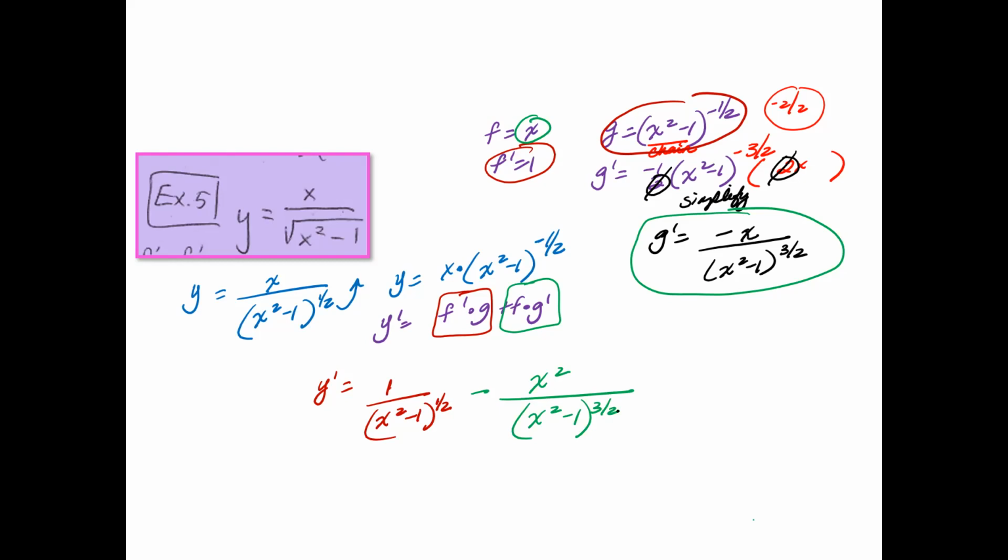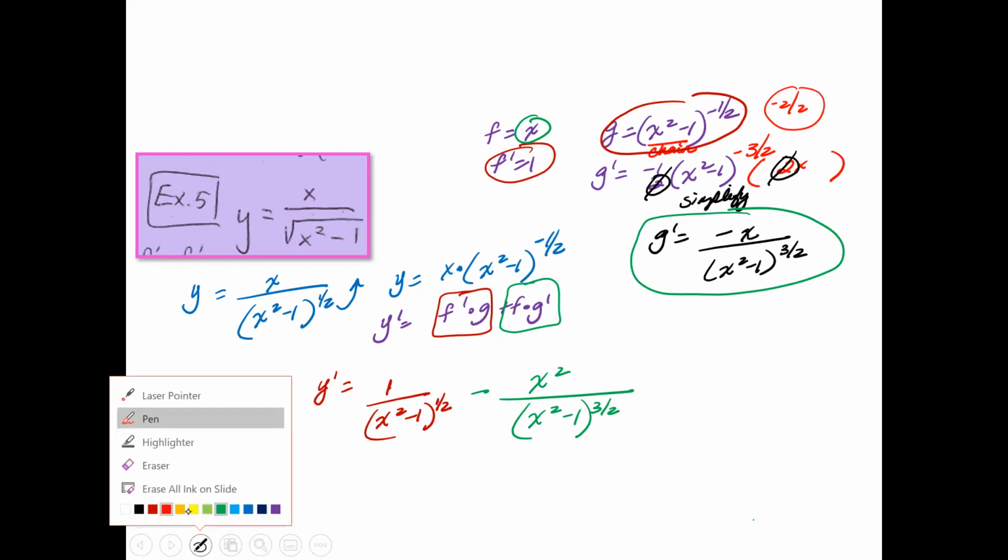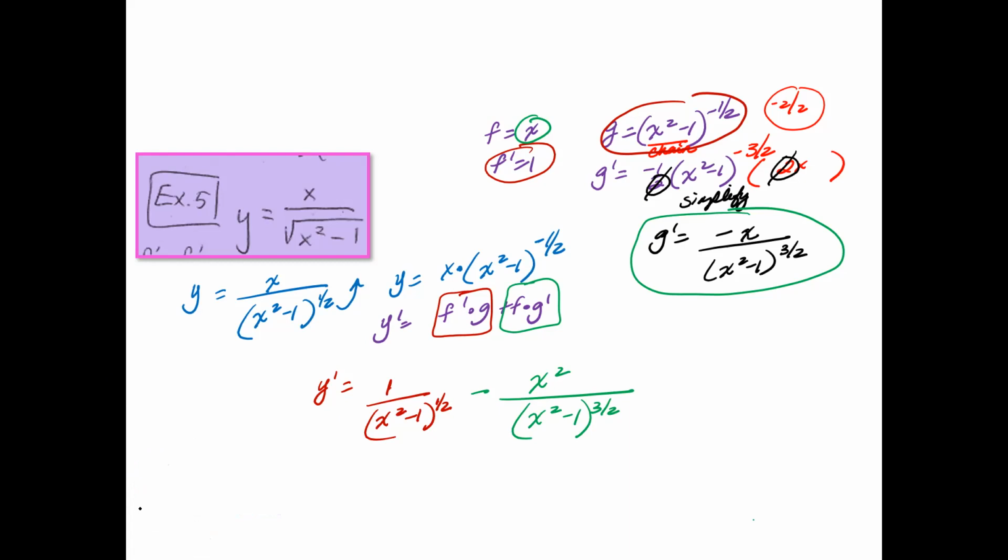So I can see that I have two fractions here, and my goal is to go ahead and combine them into the same fraction. So I will need to have a common denominator. So you've got to ask yourself, what do I need to multiply here, so that way I can get an x squared minus 1 to the positive 3 over 2.